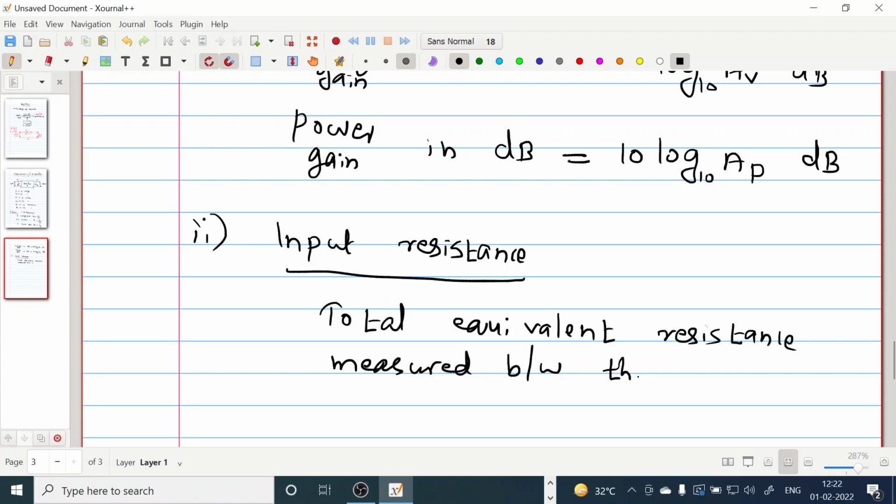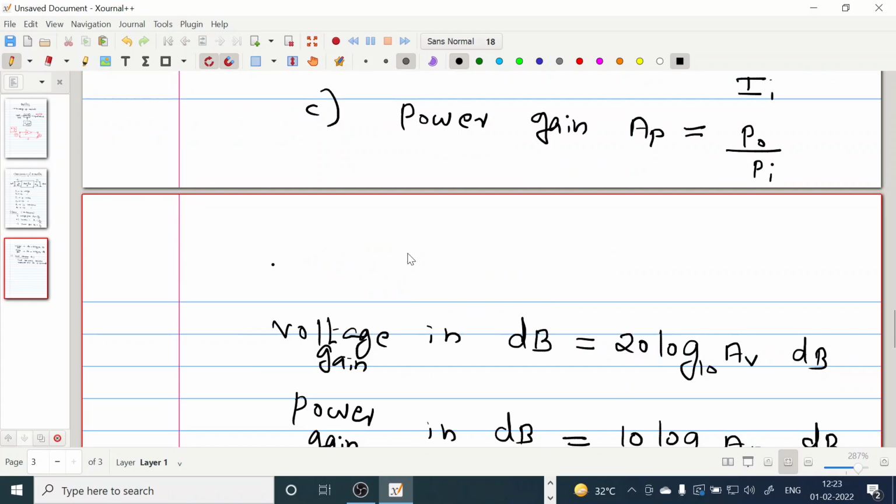Okay, that is indicated as Ri. You can see Ri here at the input side.